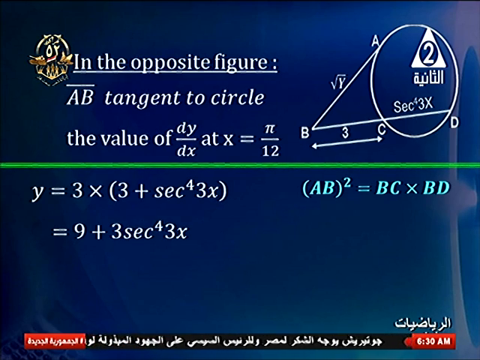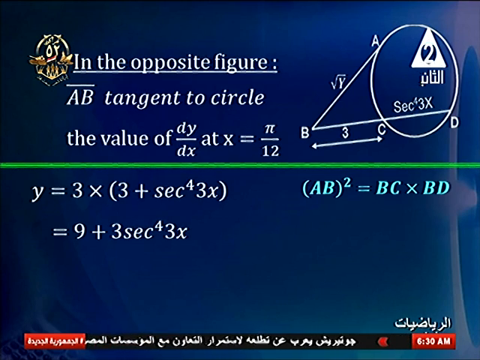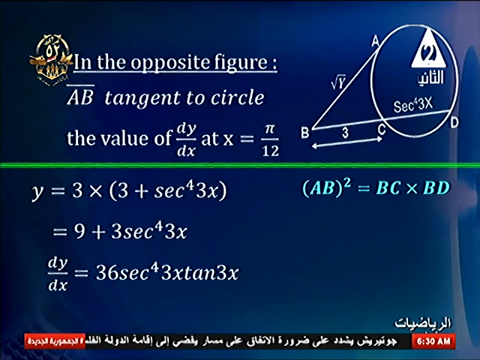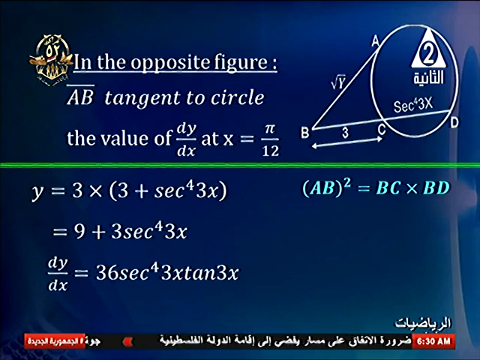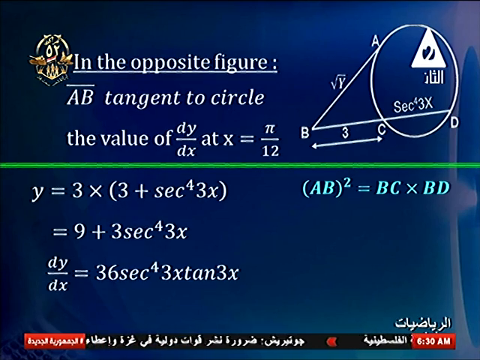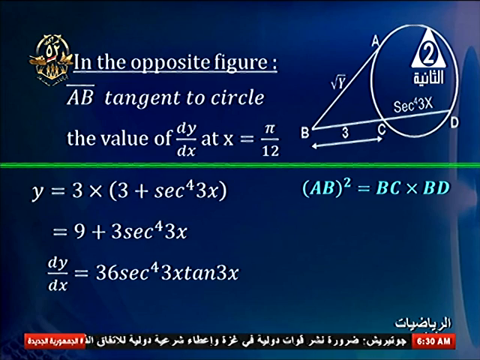It is easy to find the first derivative of this function. What is the derivative of 9? Zero. What is the derivative of sec power 4 of 3x? 4 sec power 3 of 3x multiply the derivative of sec. Look, dy over dx equals 3 multiply 4 times sec power 4 of 3x multiply 3 tan 3x. The answer is 36 sec power 4 of 3x tan 3x.